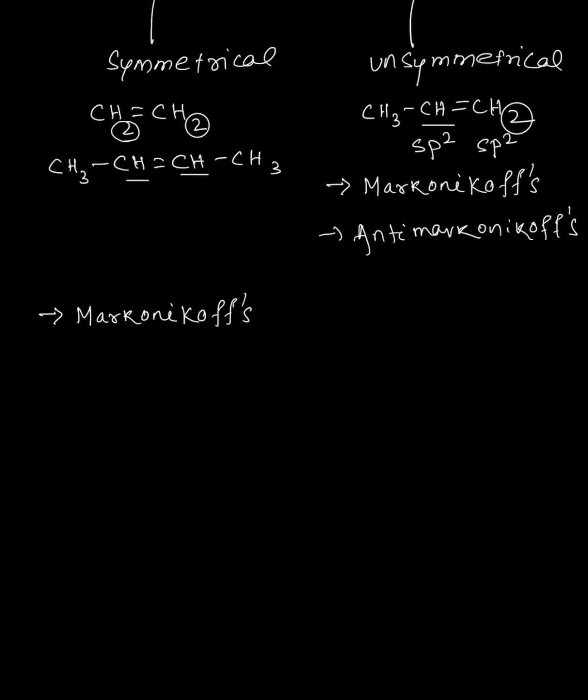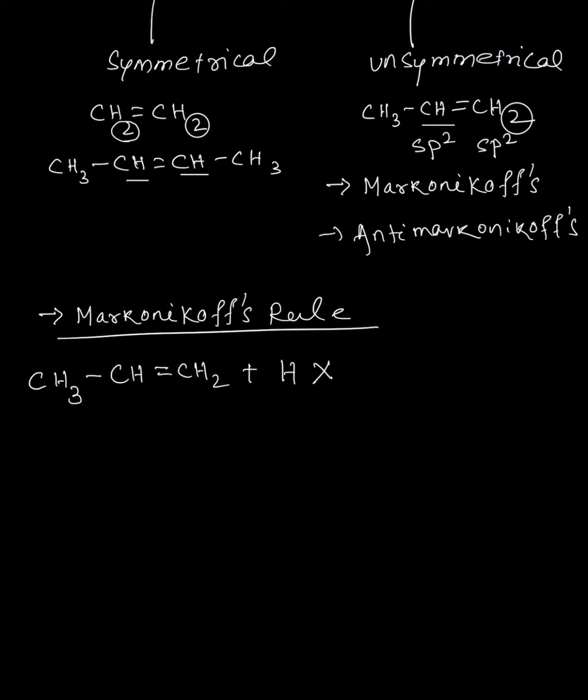When unsymmetrical alkene reacts with halogen acid, halogen will attack the sp2 hybridized carbon containing less number of hydrogen atoms.